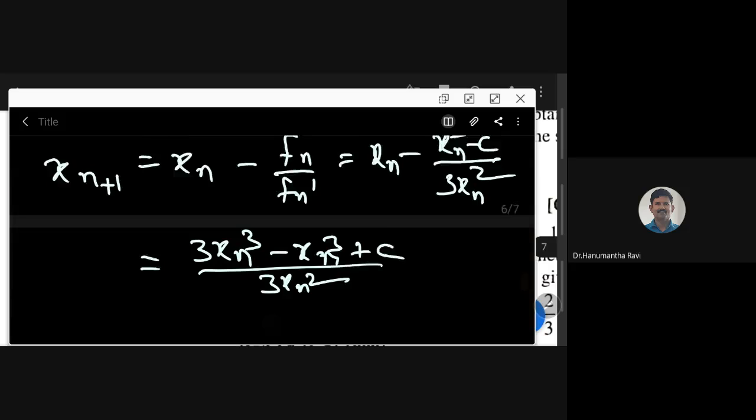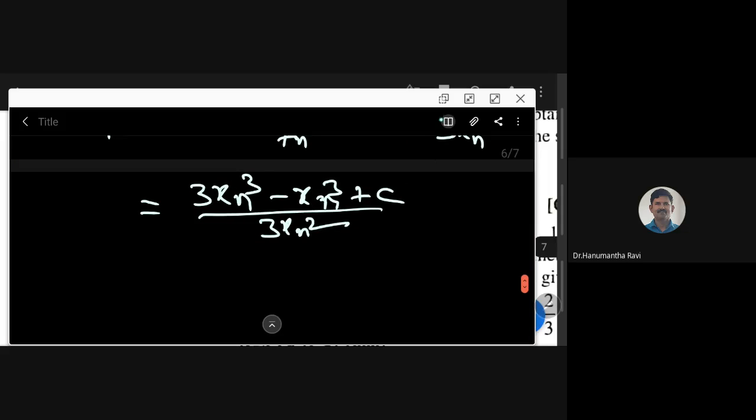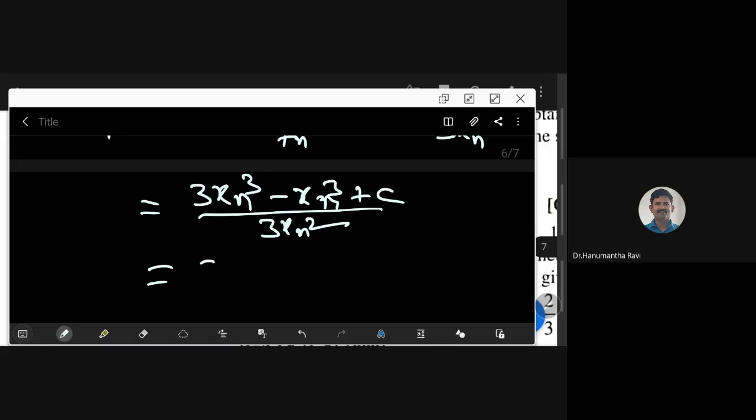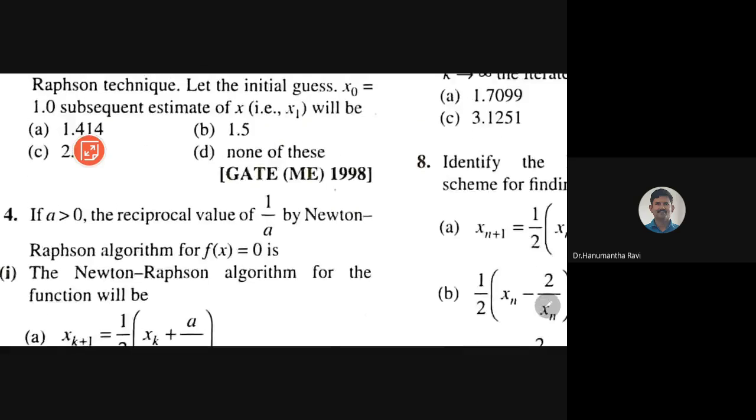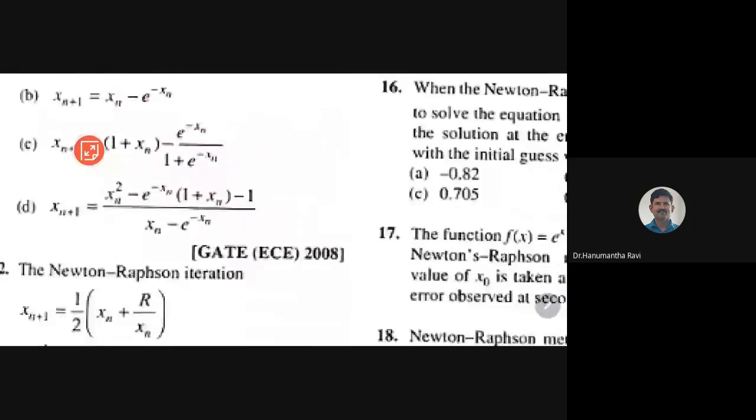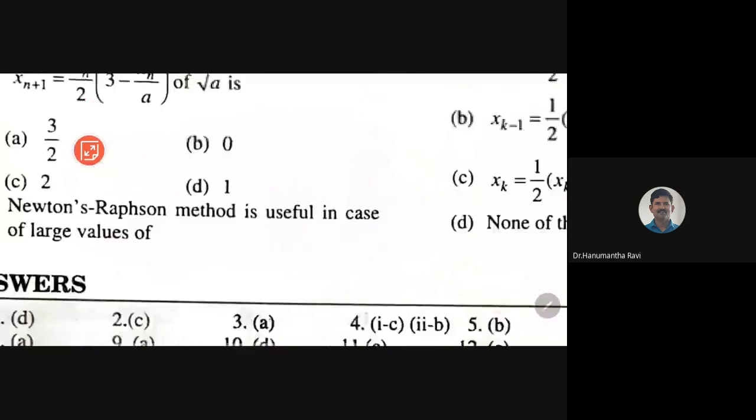So this is equal to 2xn cube plus c by 3xn square. C is the correct answer. So for the second question, C is the correct answer.